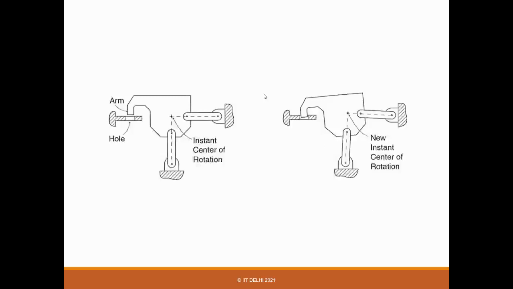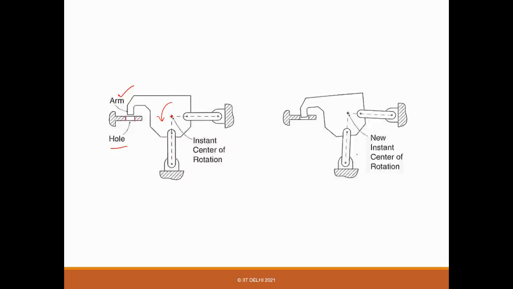I think this is one example. Suppose you want to define a latch, and this arm you try to insert in the hole in order to lock it, right? Suppose you don't have a means to provide any feature here. Then you just put this connection, and you have the instantaneous center of rotation here, and it can rotate at this point, and then you can lock.